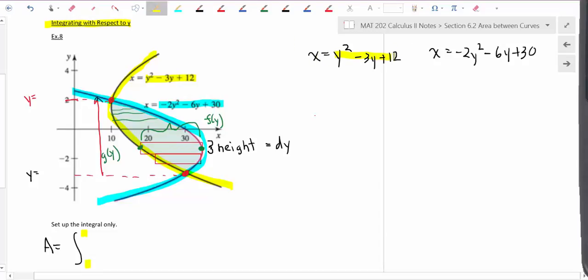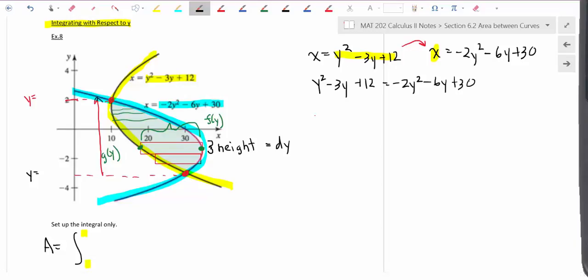This is already solved for x, so that's going to plug into the x of the other equation. So we're going to have y squared minus 3y plus 12 equals negative 2y squared minus 6y plus 30. We're going to get y values that represent the limits of integration.